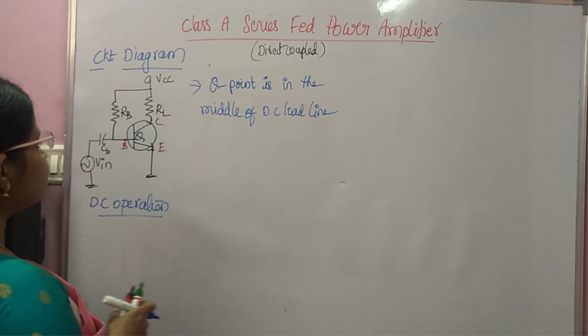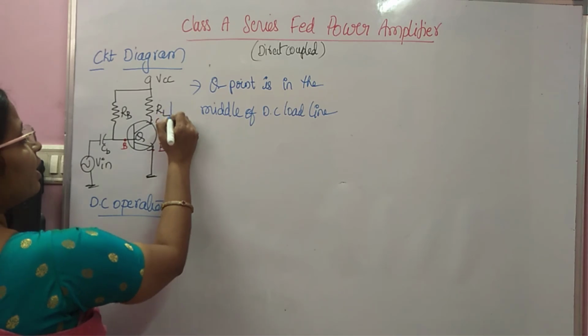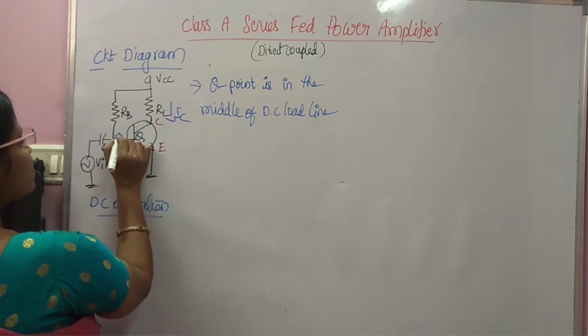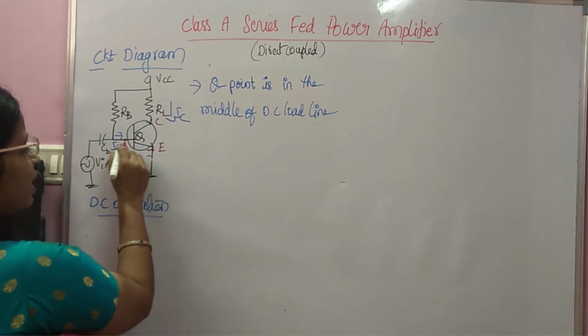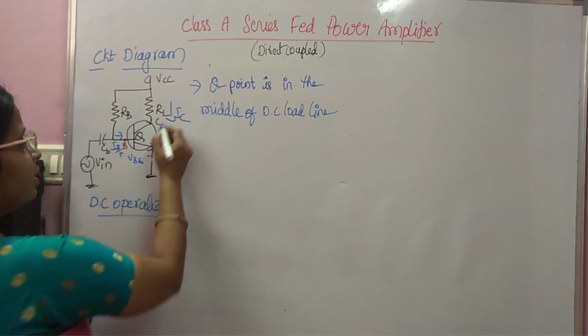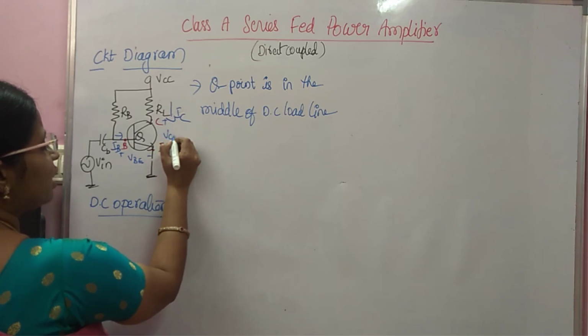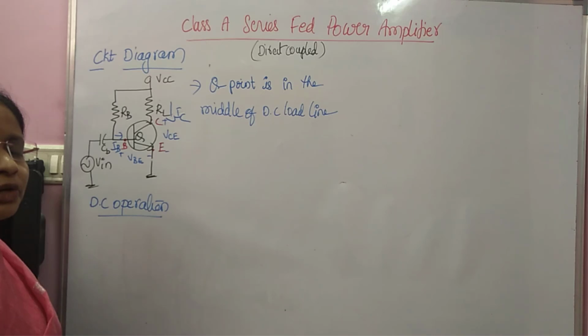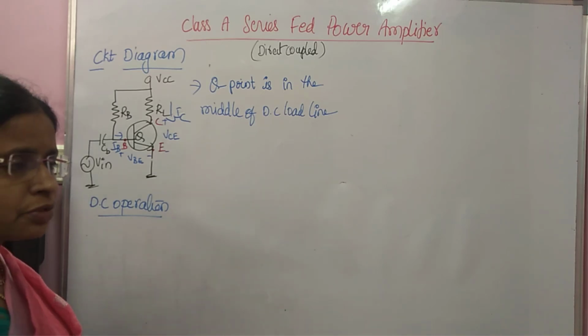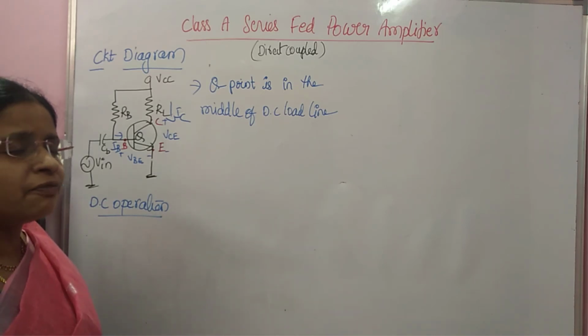What are the currents and voltages here? This is the current IC, this is the current IB, and this is the voltage VBE between base and emitter, and between collector and emitter we have the voltage VCE. Now in this DC operation we are going to find the quiescent point values. That's the thing we have to find first.